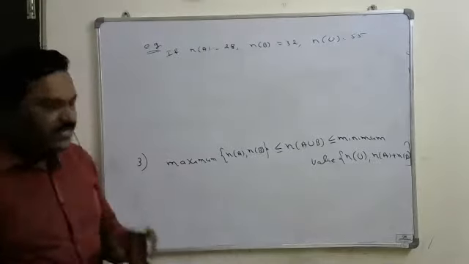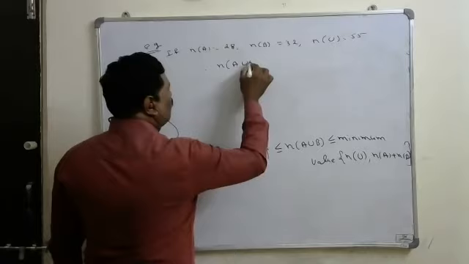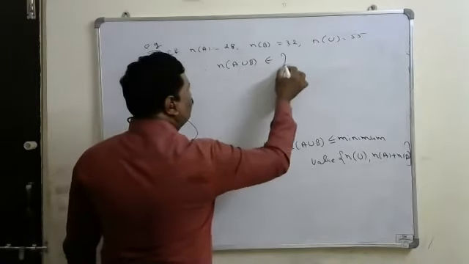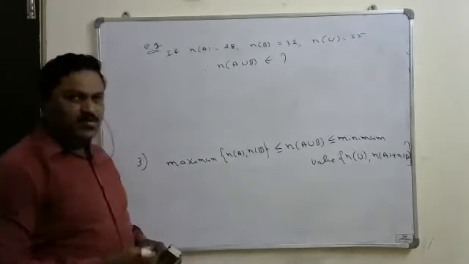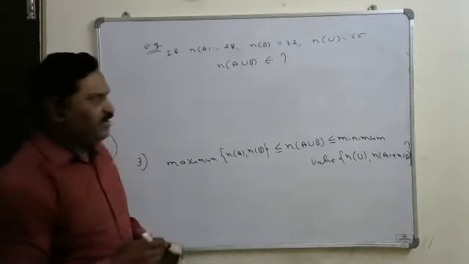Now tell me, what is the range of n of A union B? Range means what is its minimum value and what is its maximum value, that we have to find.